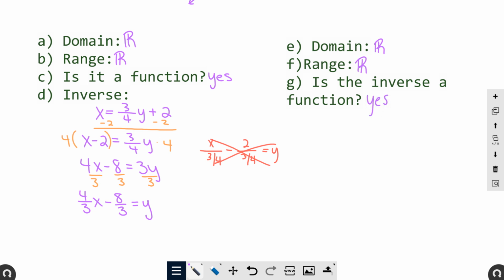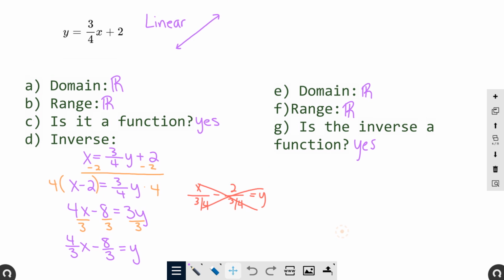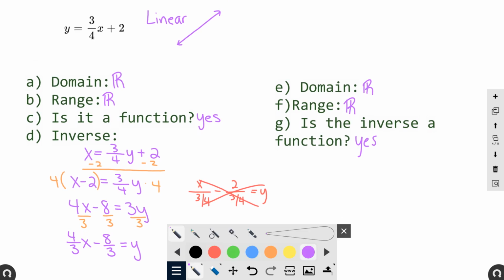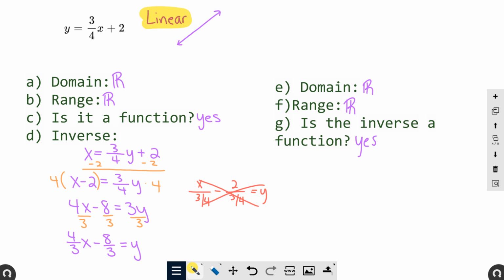Yes. So let me give you some advice here. Anytime you see a linear equation, there are 6 things that are always the same. Domain and range, for both pieces. The domain and range are always all real numbers for linear and its inverse.